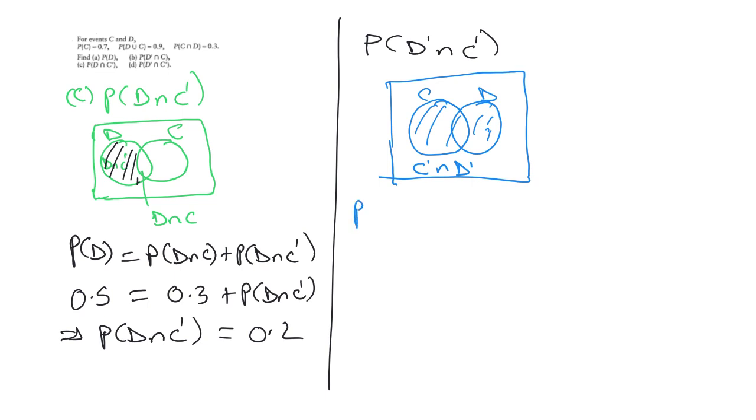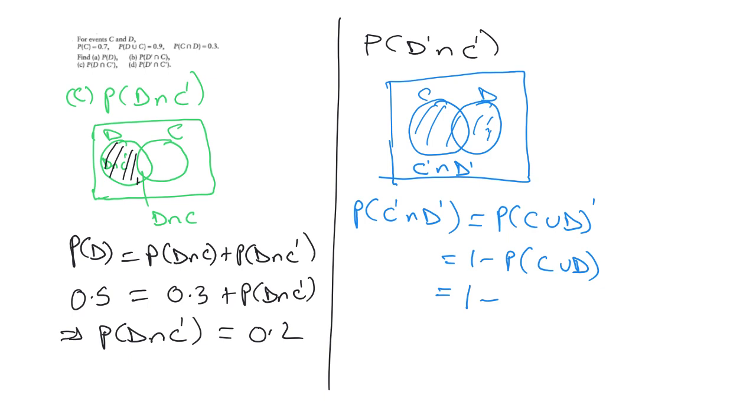So the probability of C complement intersection D complement is the same thing as the probability of C union D complement, and this is equal to 1 minus the probability of C union D. So what is the probability of C union D? It is given as 0.9. So this is 0.1, and we are done.